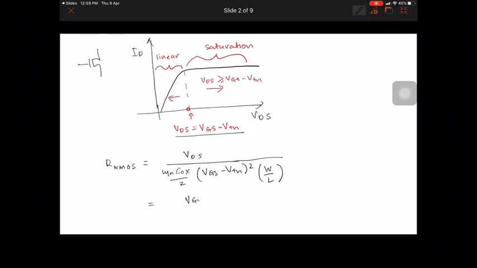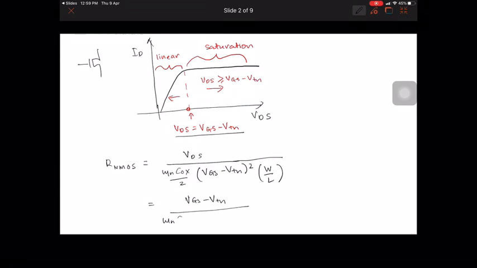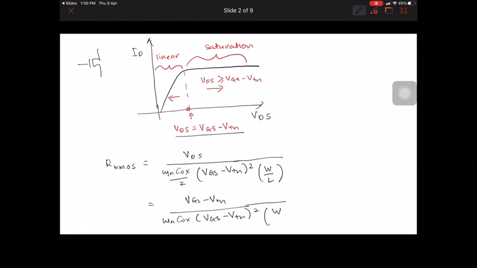So VGS minus VTN over mu n COX over 2 (VGS minus VTN) squared W over L. So you can cancel this. Now what does R NMOS become?